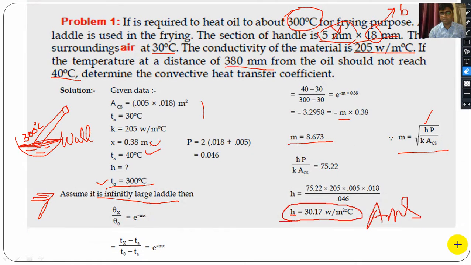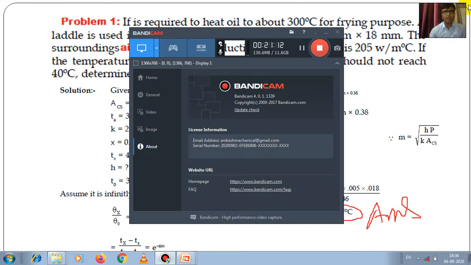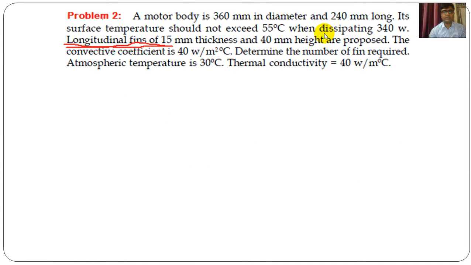Let us discuss another problem. Okay, so let us discuss the second problem. The second problem is: there is a motor body which is 360 mm in diameter and 240 mm long.